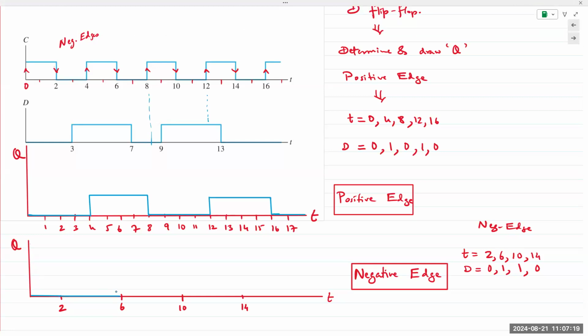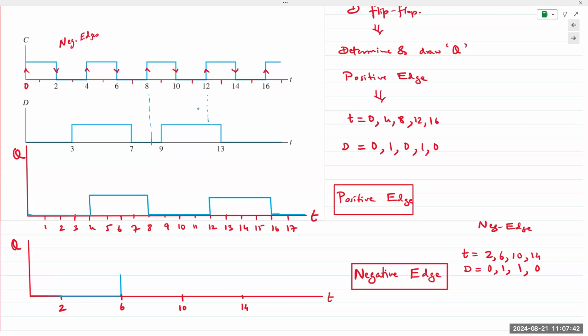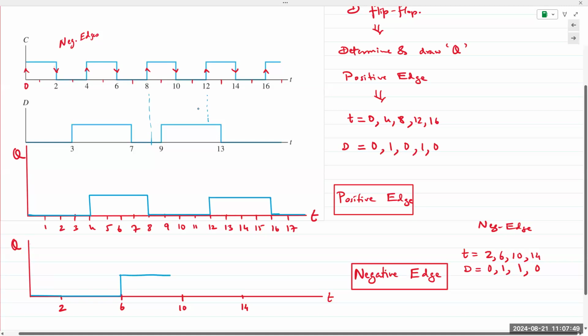And at 6, D is equal to 1, and so the value of Q goes to 1. Now, at 10, which is the next trigger, the value of D is still 1. So D is transferred to the output, meaning Q still remains at 1.